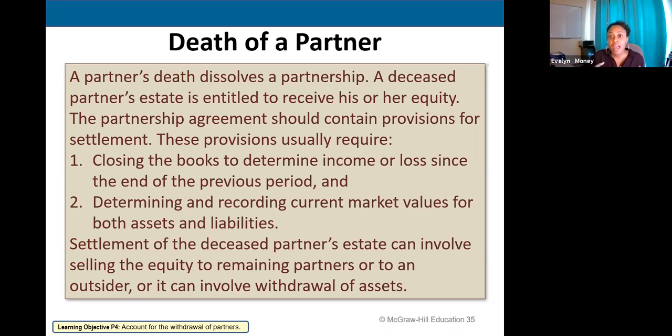But if a partner happens to pass away, you close the books as of the date of death. You find the fair market values of the assets and liabilities so that you can determine how much income or loss should be allocated to that partner's capital account, and you can have the correct reflection of the numbers so that the deceased partner's estate can be dealt with.